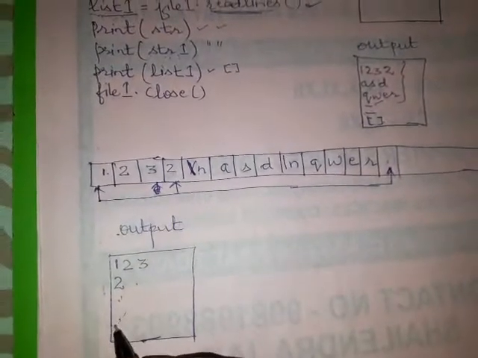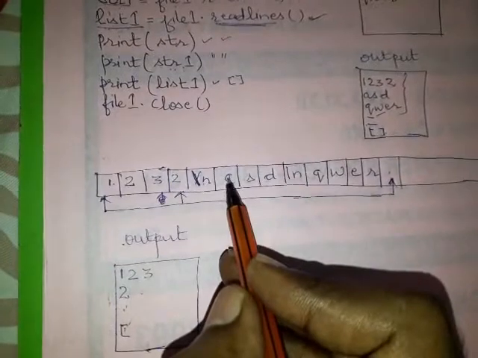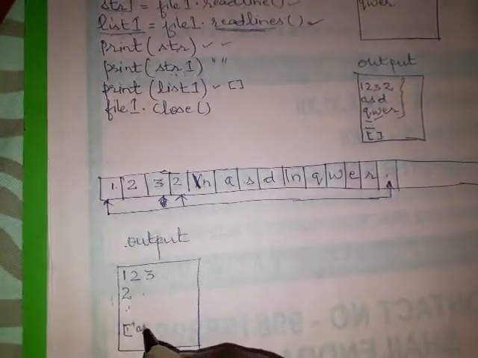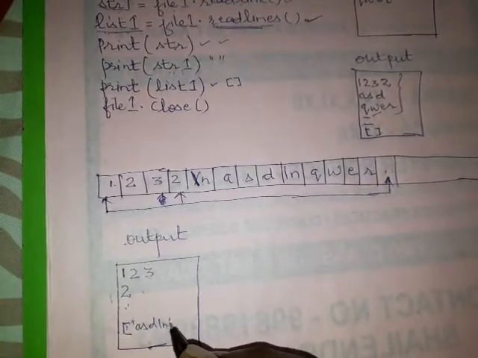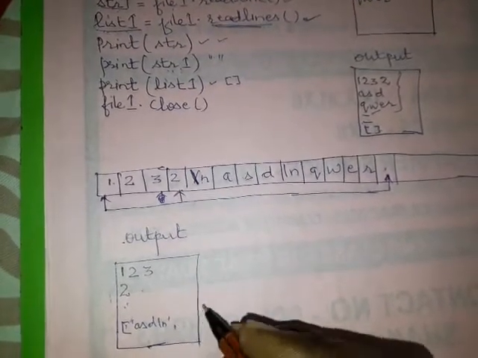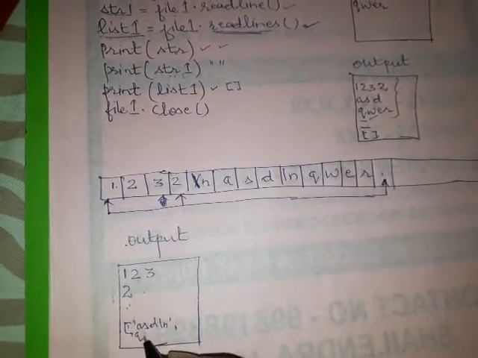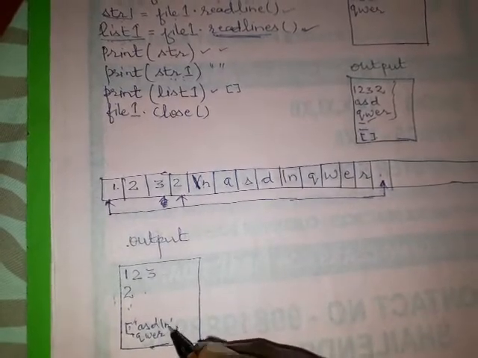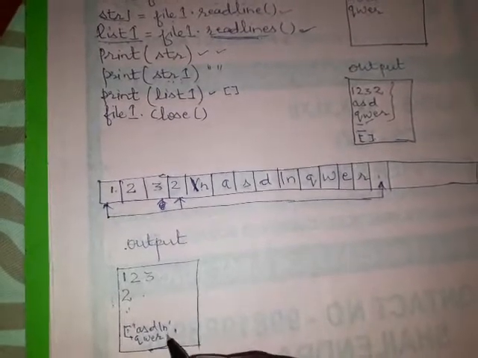So here in the list all the content in the form of list, ASD \n, then QWER, okay, \n.